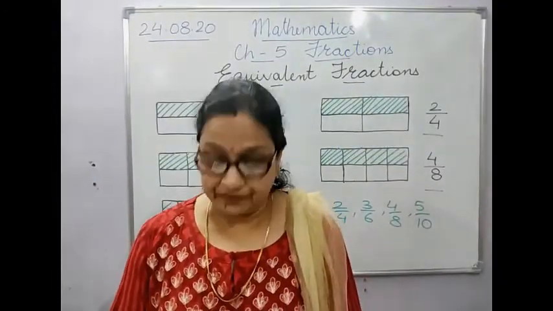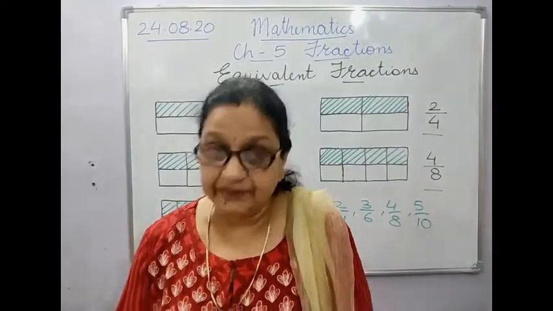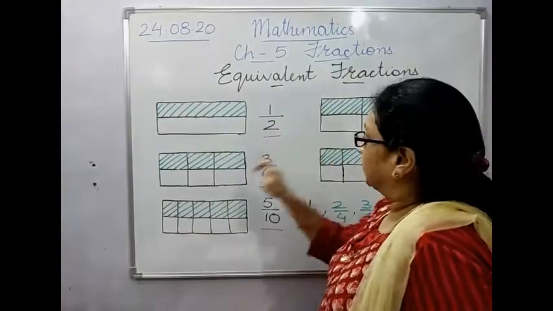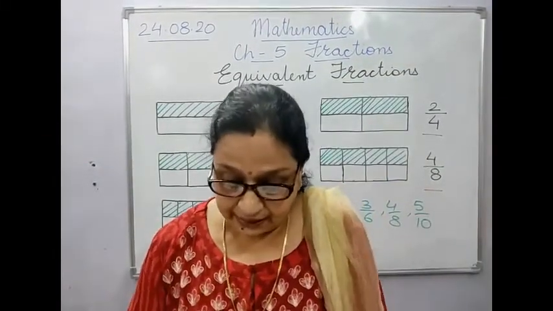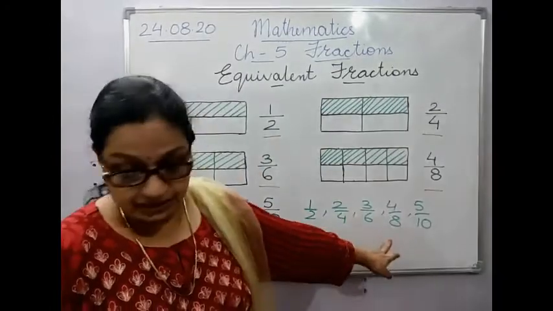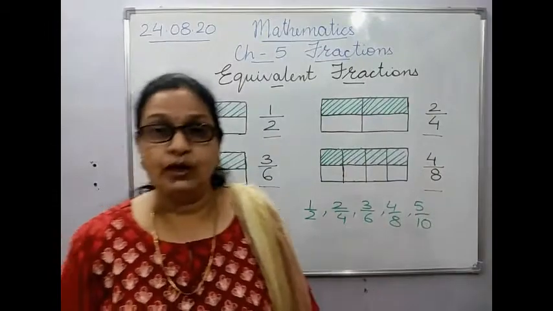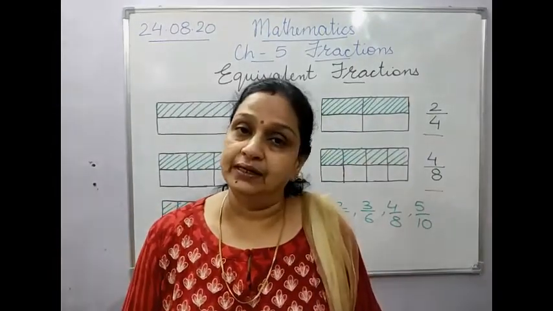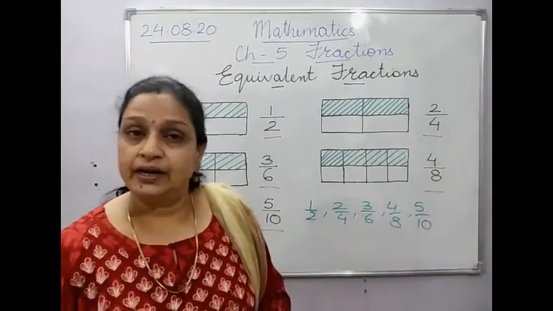Equivalent fractions are the fractions which represent the same value. They represent the same part of a whole. Or in other words, two or more fractions that show the same part of the whole are called equivalent fractions. Hope this much is clear to everyone.